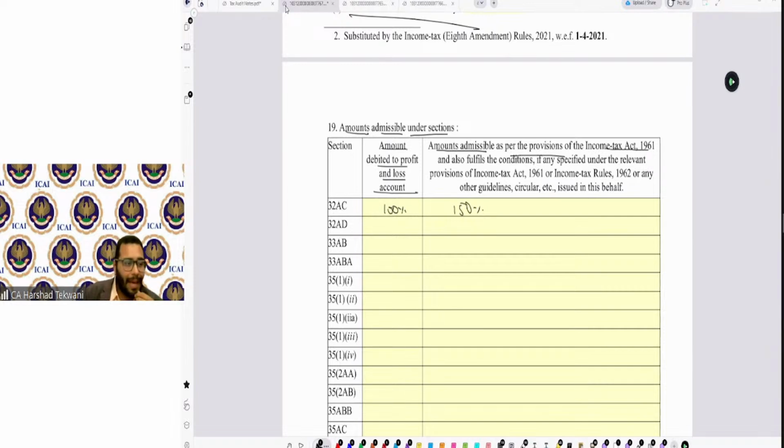For example, section 33AB and 33ABA allow deduction in respect of amount deposited in a designated account for specified purpose. In that case, I have not debited amount to the profit and loss account, but still I will get the deduction.